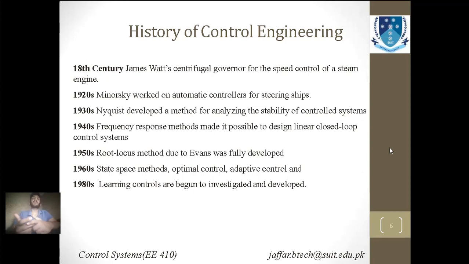After that, in 1920, Minorsky worked on automatic control for steering ships. At that time, ships were a huge part of the transportation system, because cars were not that practical yet. Ships were really in the market at that time.